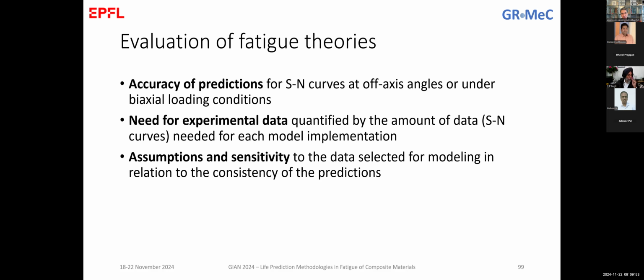But when we go to other material systems, sometimes this trend is violated. So it is not secure to assume this trend for any type of material.